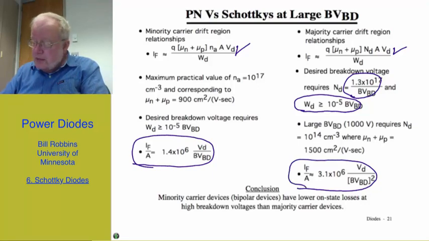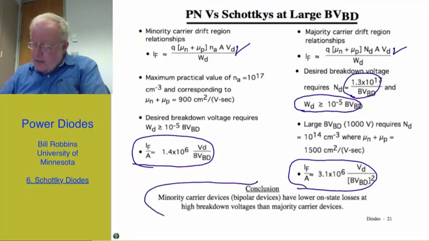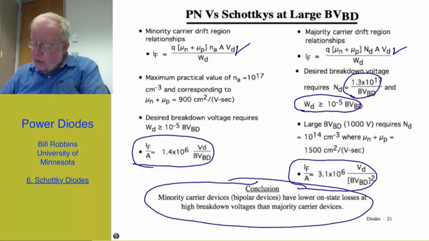If we assume the same allowable drift region voltage drop, we find then that the forward current for the majority carrier device scales as 1 over the square of the breakdown voltage. The conclusion that we draw from this comparison is minority carrier devices have lower on-state losses at high breakdown voltages compared with majority carrier devices.